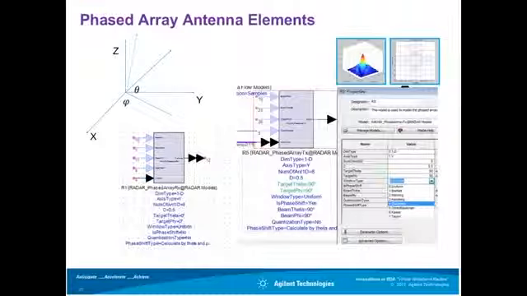And the key model for this type of array antenna system is the phased array antenna measurement, antenna element. We have a TX antenna model and an RX antenna model. We allow you to specify the antenna location, then the beam direction, and so forth.